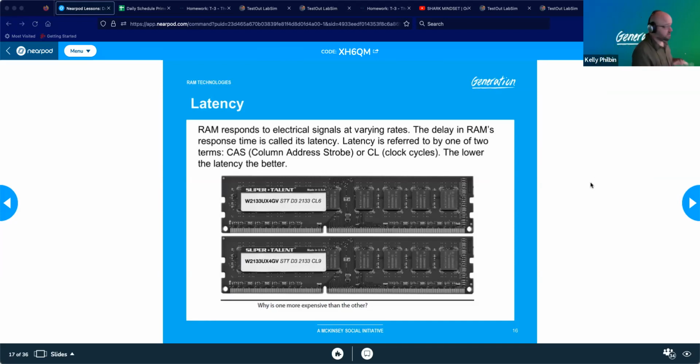And trust me when I tell you, the lower that number gets, the price of that RAM module is going to go up proportionally. So you get that number really low, it's going to get really expensive. And if you're doing things like online gaming, if you're doing things like live trading, where milliseconds matter, then you're going to be shopping for something with lower latency. If you're just doing documents and email and casual web surfing, latency is not really going to matter, just so long as the system doesn't freeze up.